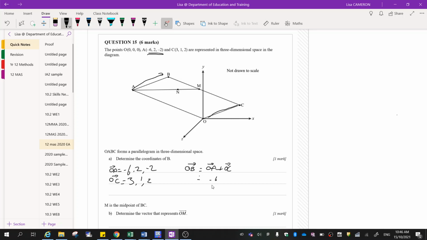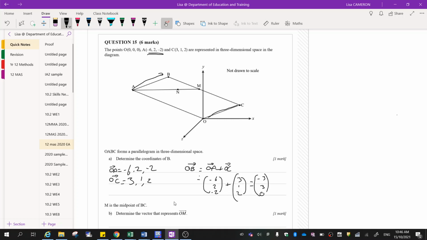So you go -6, 2, and -2 in one bracket, where that's an x coordinate, y coordinate, z coordinate, plus OC, which is 3, 1, 2. And that would give the answer of -3, 3, and 0.